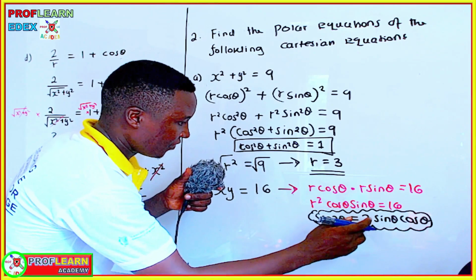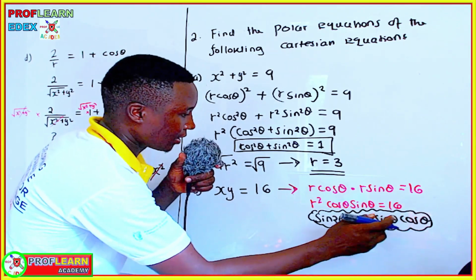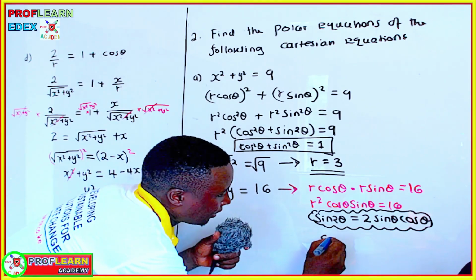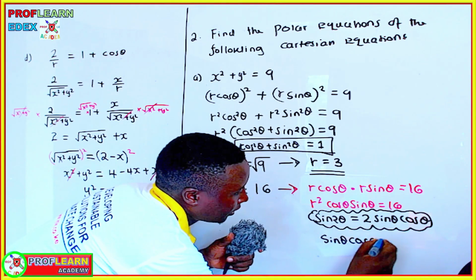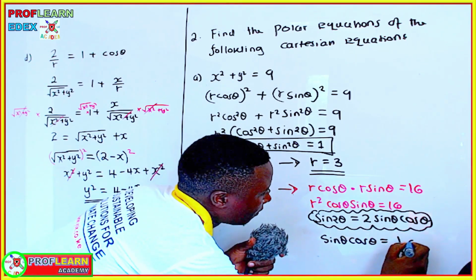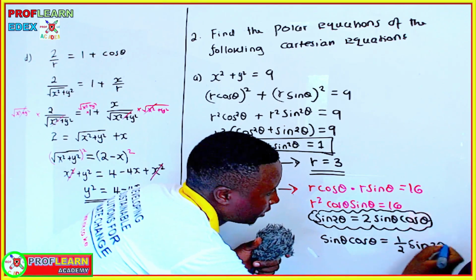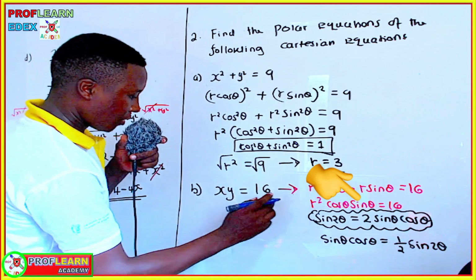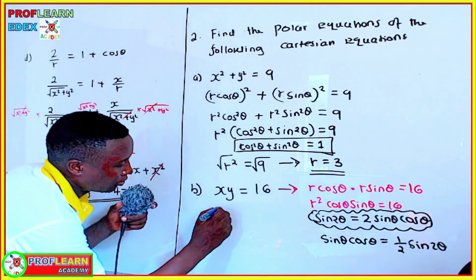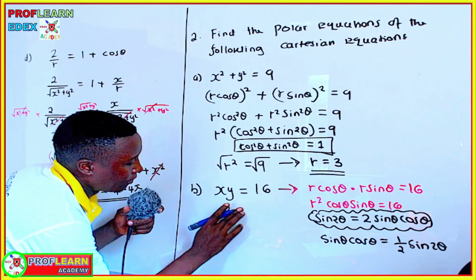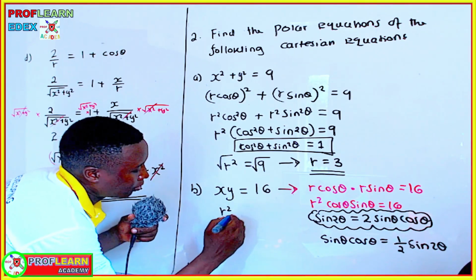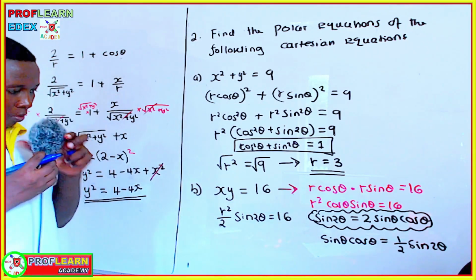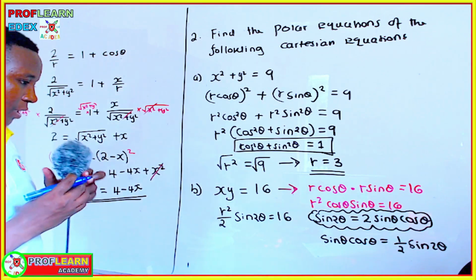Because we have this 2 sine theta cos theta here, we can therefore say that sine theta cos theta equals 1 over 2 sine 2 theta. We have all the rights to say that. So therefore, this equation can be written as r squared over 2 sine 2 theta is equivalent to 16.